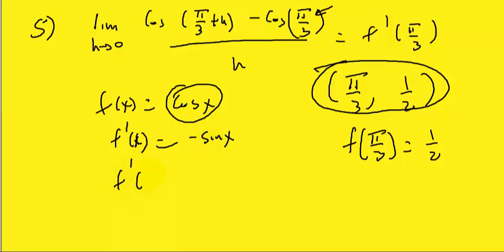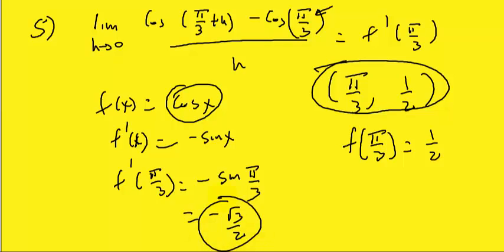Now we're going to find the derivative at pi over 3, which is negative sine of pi over 3. What is sine of pi over 3? Rad 3 over 2, which gives me negative rad 3 over 2. There's my slope, there's my point.